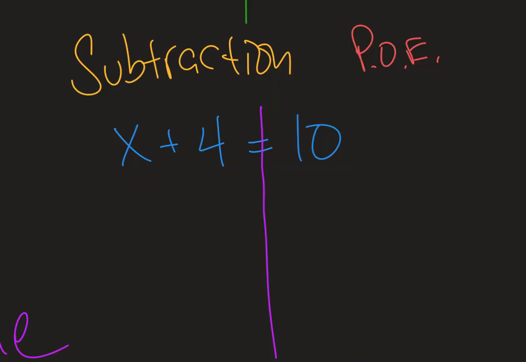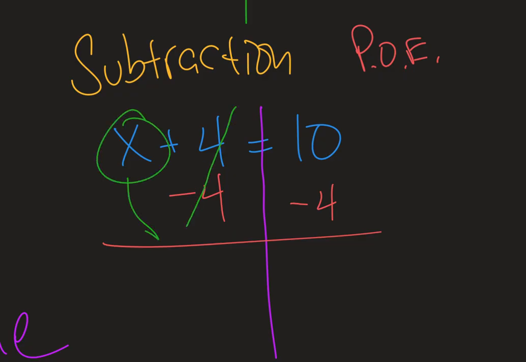So how we get rid of that is we do the opposite. We subtract 4, and we subtract 4 from both sides because that keeps them equal, right? If you do it to one side and then the other, it's equal. And now 4 minus 4 is 0. Oh yay, x is by itself, x equals 6, because 10 minus 4 is 6.